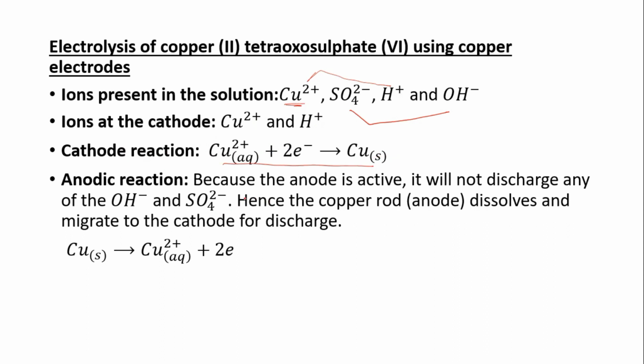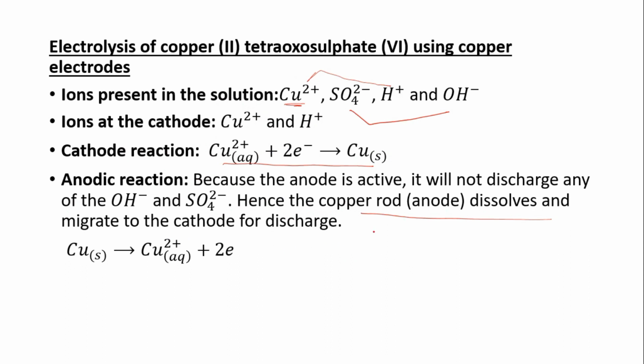Now, what about the anodic reaction? This time around, you could remember I told you earlier that when you are using an active electrode, once the anode is active, it's not going to discharge any of the ions that migrate to its side. Rather, it will dissolve. So therefore, the copper rod anode will dissolve.